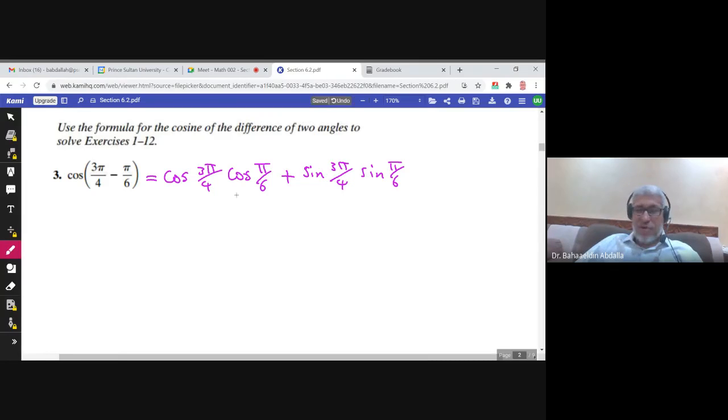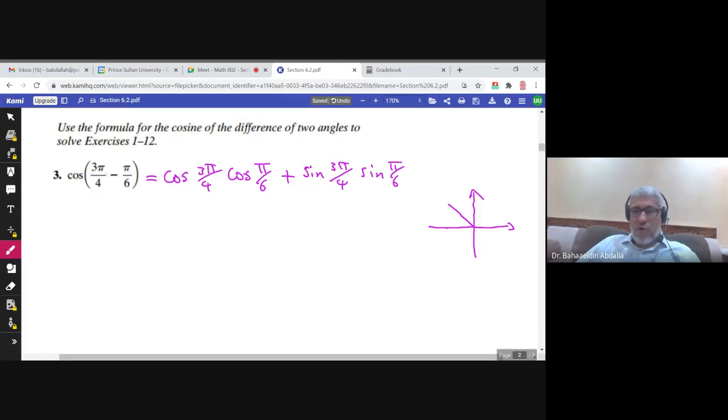Now notice that cosine pi over 6, sine pi over 6, I can find them from the triangle. But the problem was with 3 pi over 4, 3 pi over 4 is not pi over 4. Okay, so how to find cosine 3 pi over 4? I need to use the reference angle.